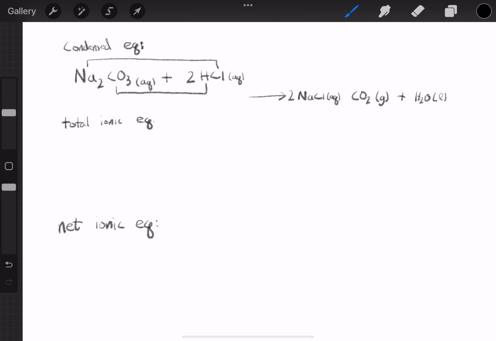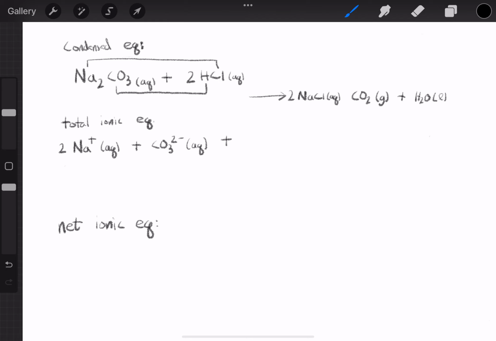So let's write the total ionic equation first. We have 2 sodium plus ions plus CO3 2 minus ion.